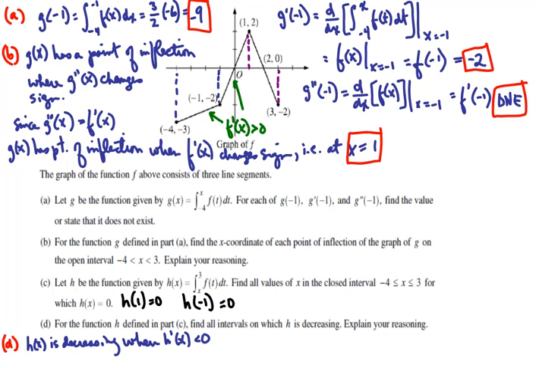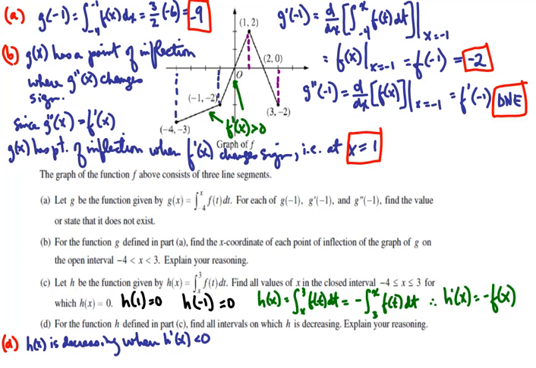Well, before we can take the derivative, because h goes from x to 3, we can't take the derivative directly of that. We have to switch the 3 and the x around, which is going to make it a negative value, and then we have to take the derivative of that.